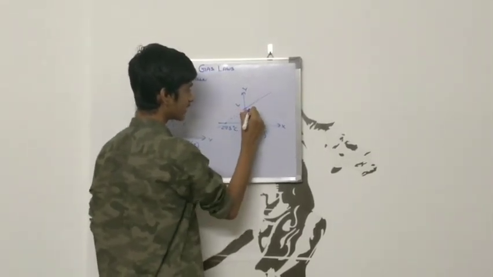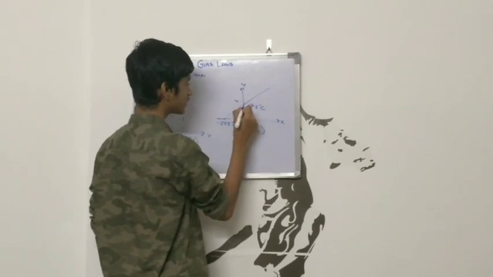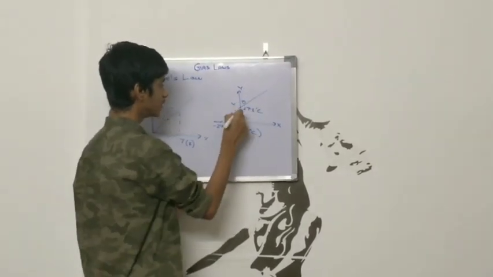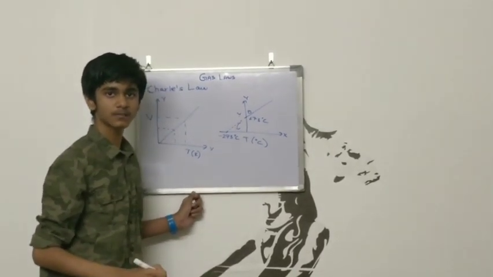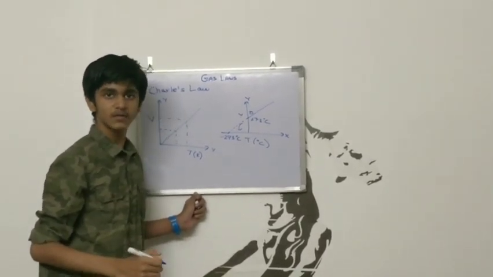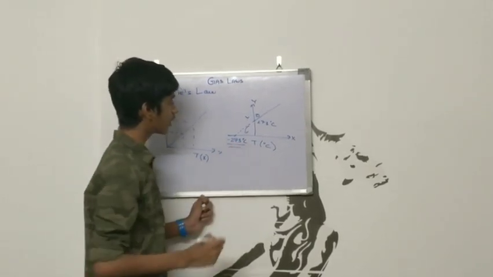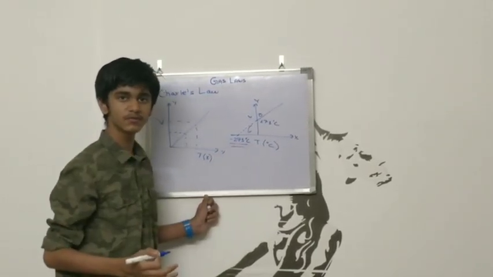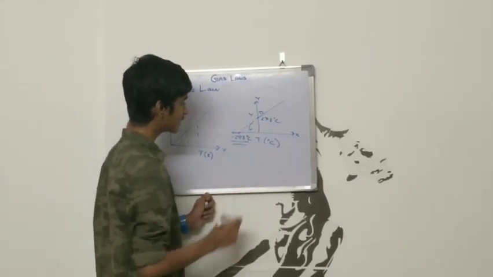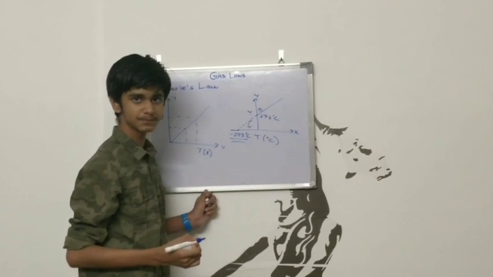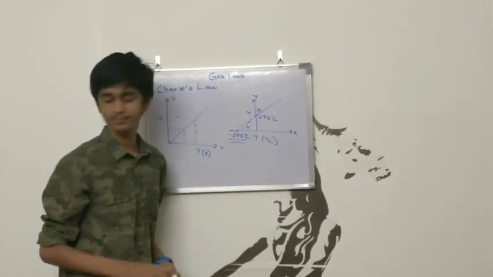At this point, the volume of the gas would be 0. Below this temperature, the volume of the gas would be negative, which is impossible. Before attaining this temperature, the gas would be liquefied or solidified. So this temperature can be attained theoretically but not practically. Let's move to the next law, that is Gay-Lussac's law.